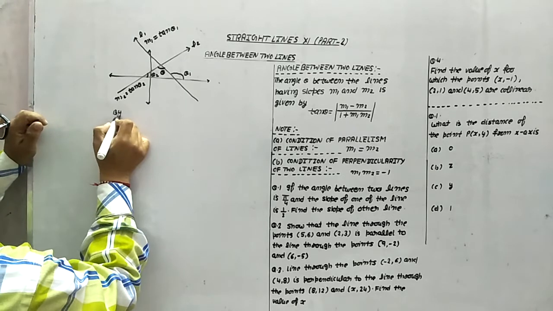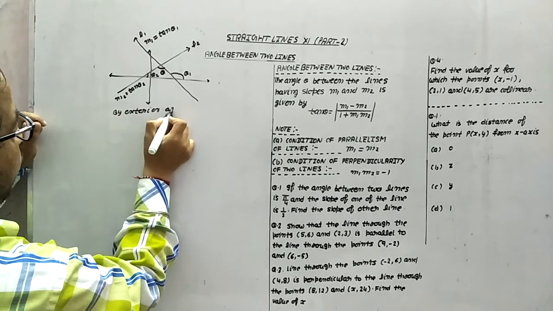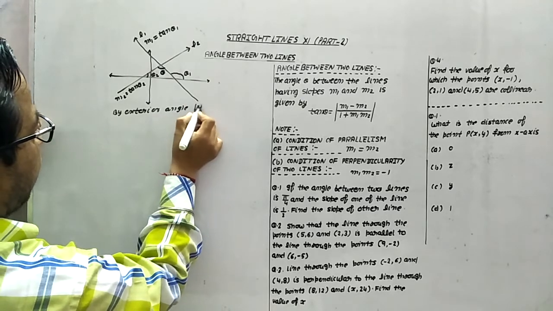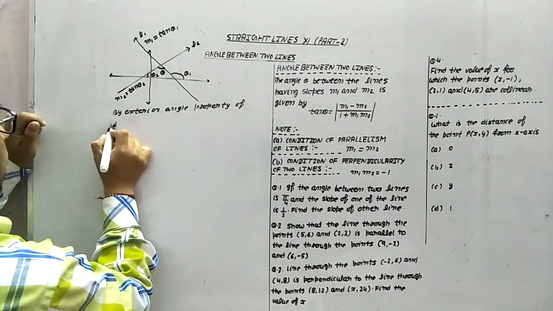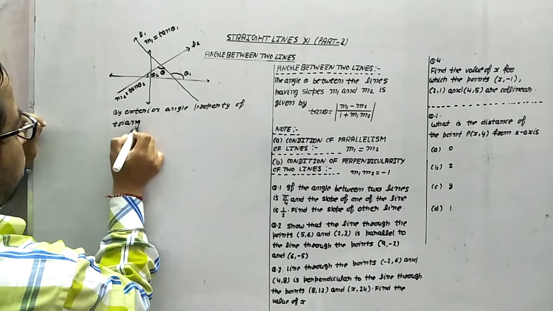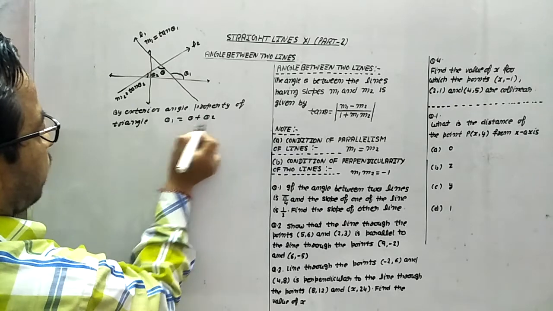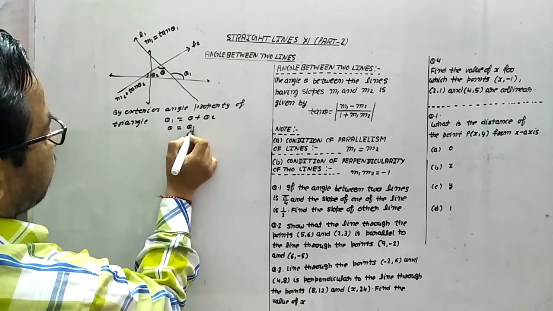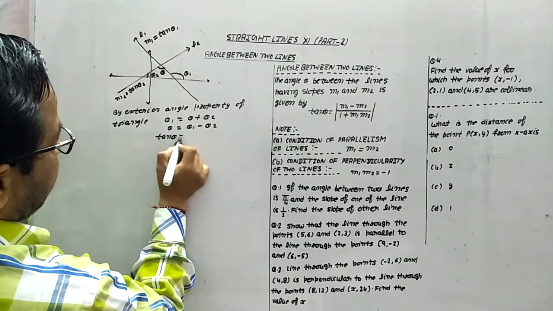Now by the exterior angle property of triangle, we have theta1 is equal to theta plus theta2. What is the meaning of this? Theta is equal to theta1 minus theta2. Now take tan on both sides.